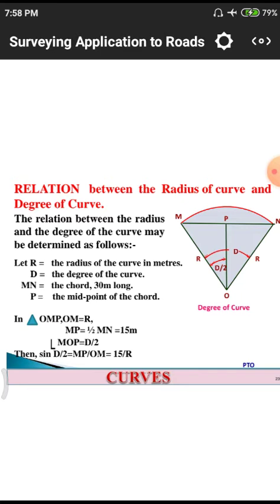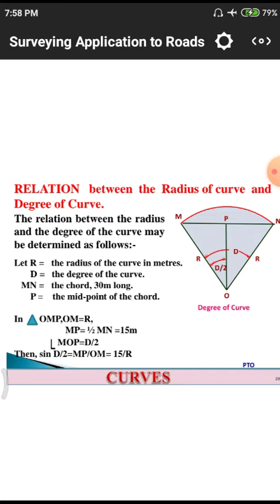After all notations are over, we take triangle OMP, which is a half triangle. OM equals R, the length of the radius. MP equals half of MN, that is MN by 2, and similarly PN is the same.